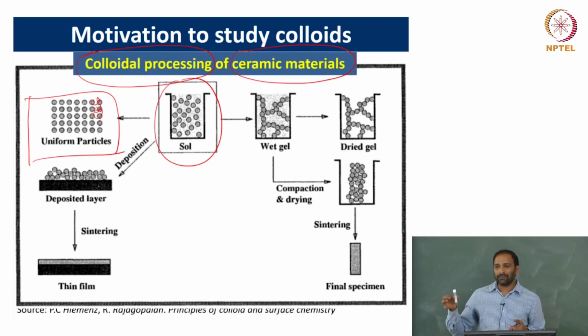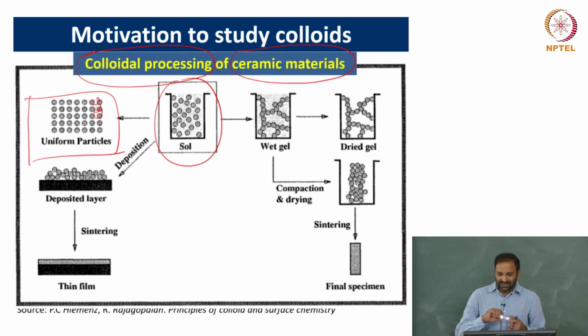I do some simple manipulation to go from such a state to something where things don't flow. This is an example where I have gone from a sol with a nice dispersion of particles into a solid-like thing which doesn't flow anymore. I'll tell you how we do that in the meantime.